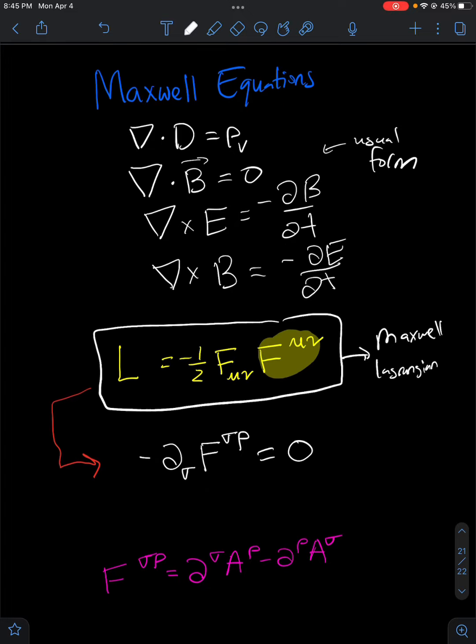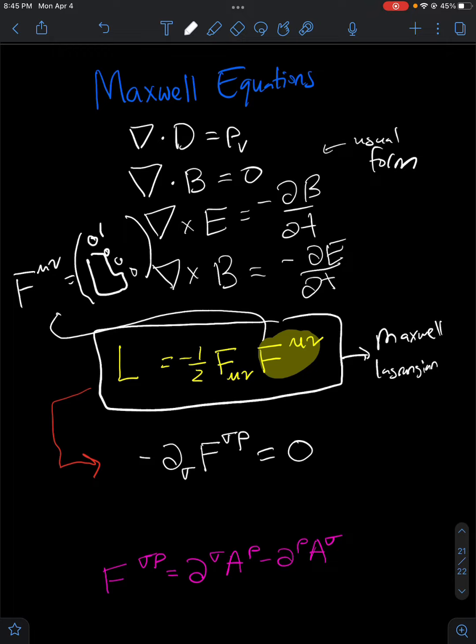Now the Faraday tensor encodes the components of the electric and the magnetic field. So the Faraday tensor, if you actually write it out, has zeros along the diagonal. And the components of the Faraday tensor everywhere else are just the components of the electric and the magnetic field.